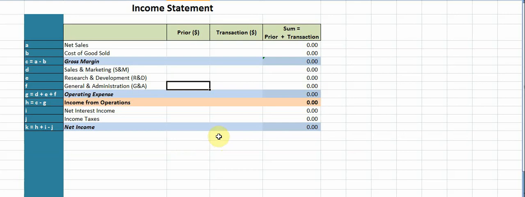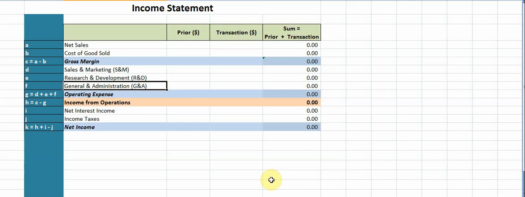The answer is no. I don't need to make any entry over here because there is no sales, there is no cost of goods sold, there is no expense for sales and marketing, there is no expense for research and development, there is no expense for general and administration. That's why I don't need to make any entry in the income statement.